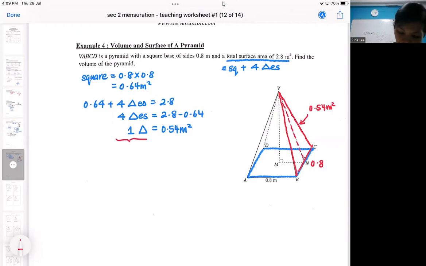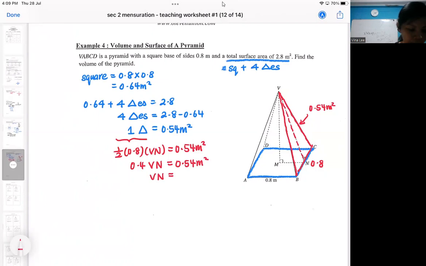So this will be 1/2 times 0.8 times Vn equal to 0.54. So I eventually arrive at the slant height. Do you realize? I arrive at the slant height.